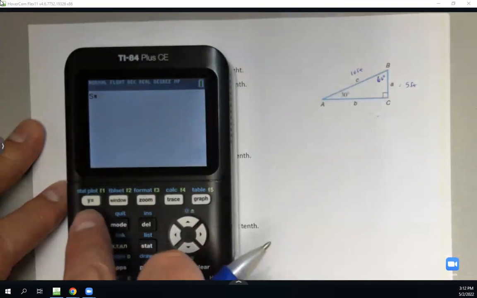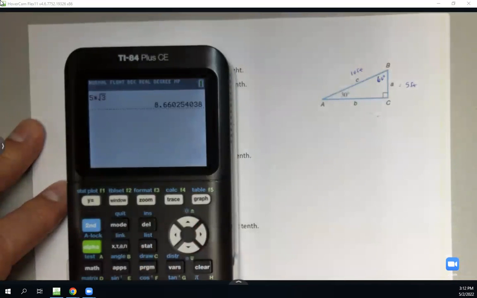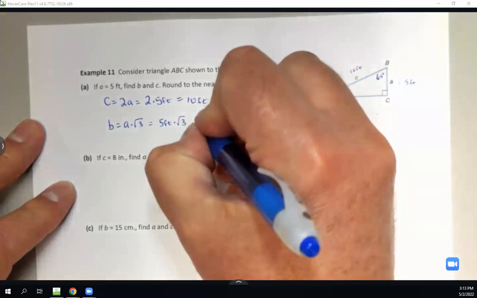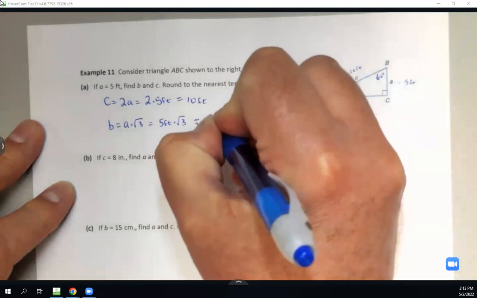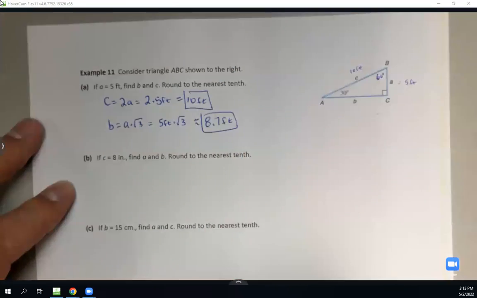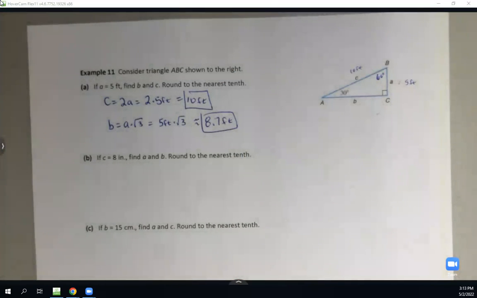So 5 times the square root of 3 is about 8.7 if I round to the tenths as I was directed. Any questions about that? Pretty straightforward.